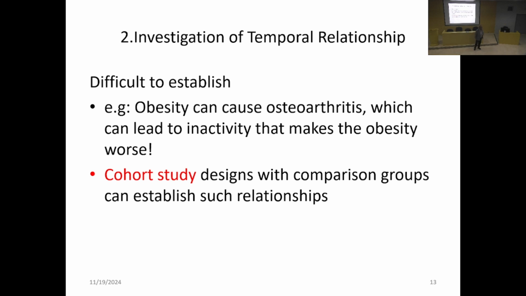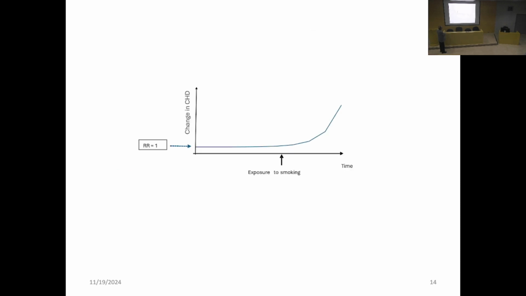How can you establish the temporality? What's the study design that you have to use? The only one: cohort study. You have no choice. You have to see exposed people and follow them over time, for years if needed. So cohort study designs will allow you to prove the temporality.